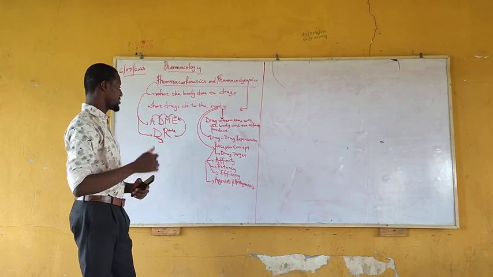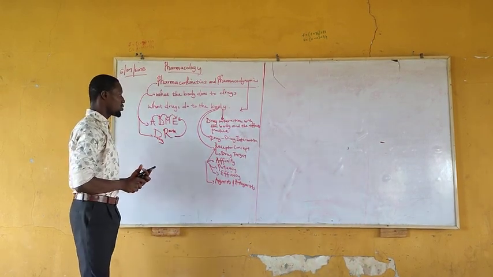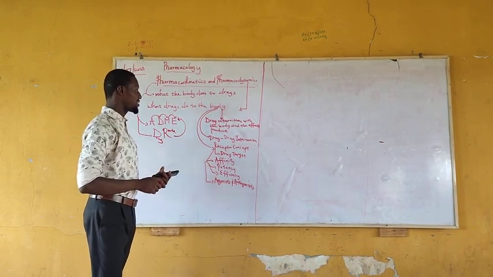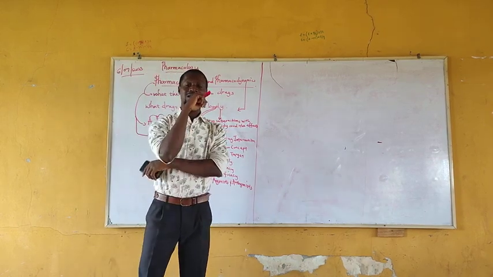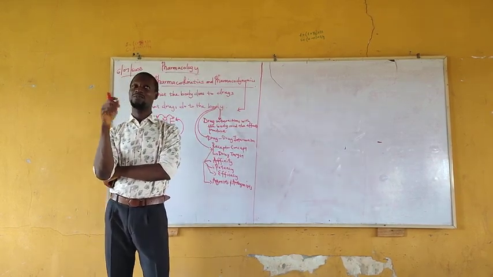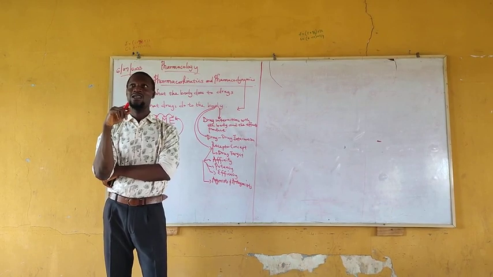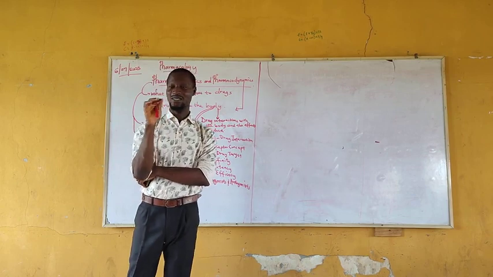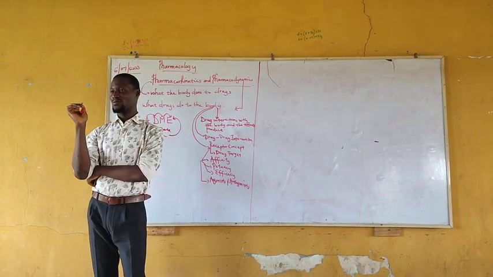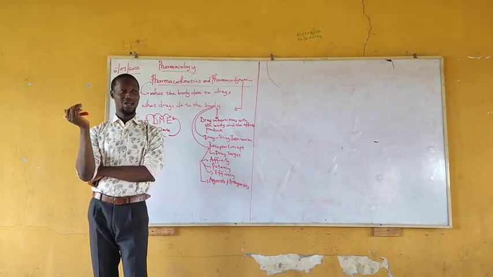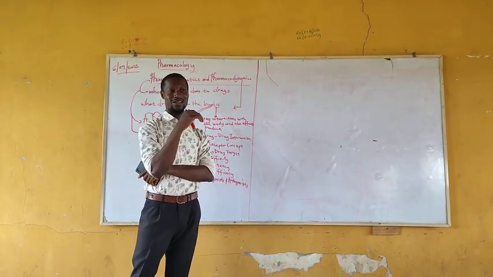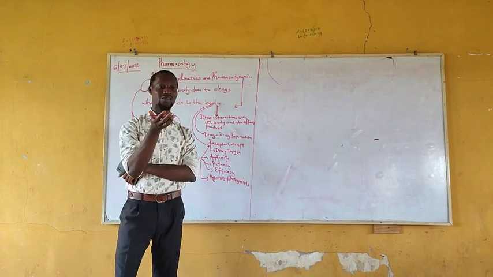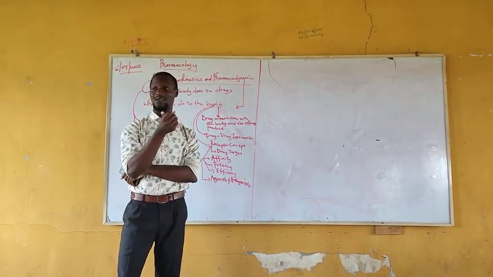Then maybe, yes, we'll look at how, maybe some of you would have wondered about this. How do I take a drug? How do I take paracetamol, and paracetamol blocks pain somewhere in my body? How does it happen? How do I take anti-malaria, and after a while, how does it cure me of malaria?